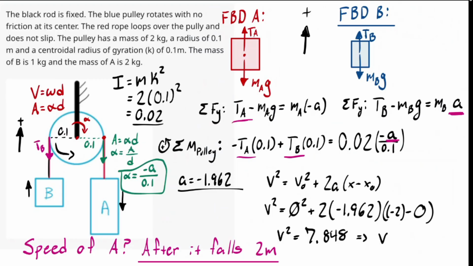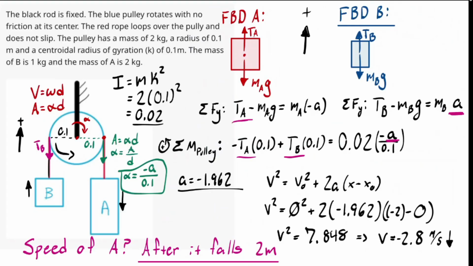V, when we do the square root, is equal to, let me square root this number, 2.8. Right, so this is the velocity, so this is negative 2.8. The question asked for speed, so you could probably just do positive 2.8 since that's a scalar term. But yeah, so this thing is moving after it falls 2 meters, 2.8 meters per second downwards.